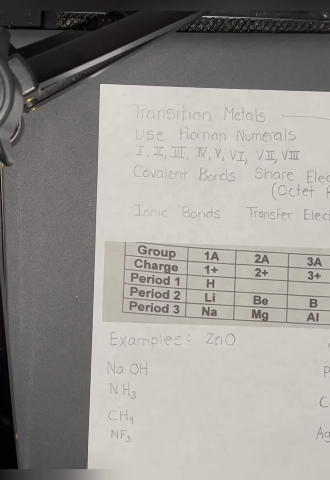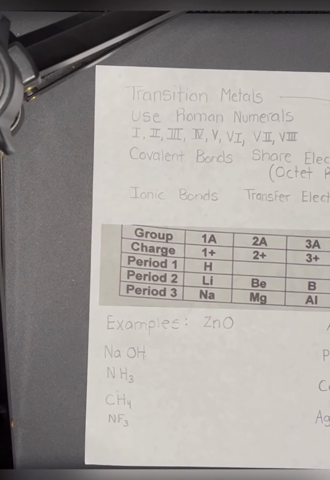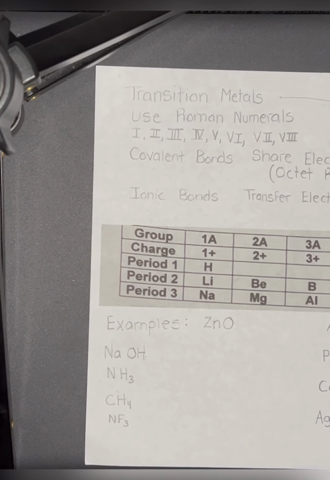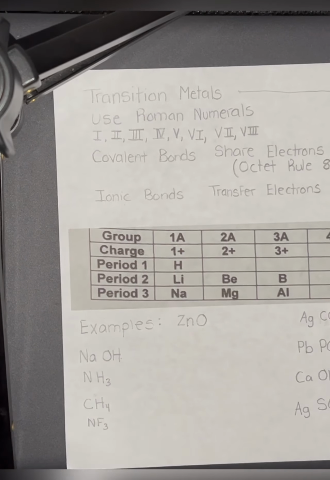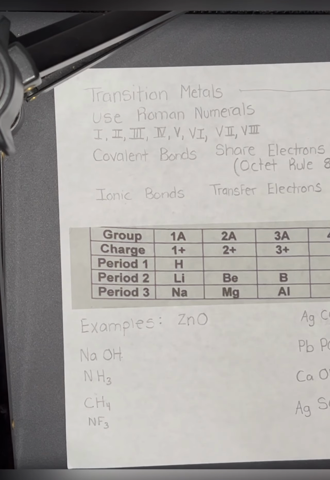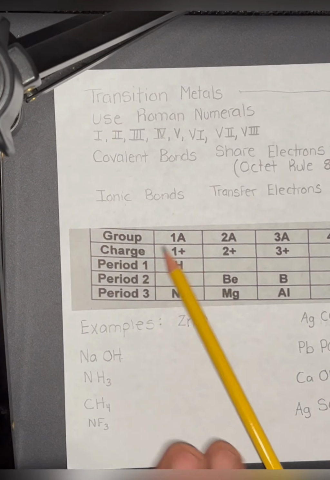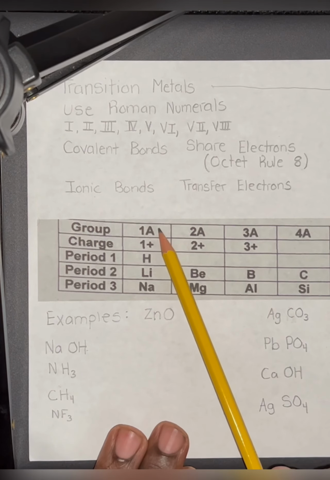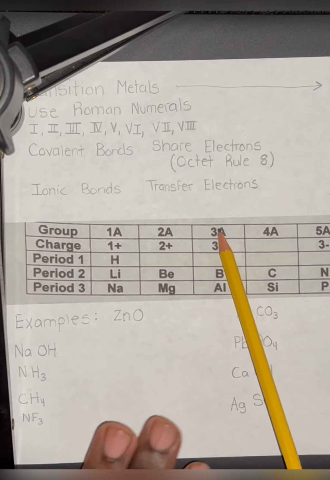In this video, I will be going over how to write chemical formulas based off the charges that the elements have. If you look at the periodic table, I don't have the entire periodic table in front of me, but the main thing you need to worry about is the groups. Starting with hydrogen, you have group 1A, 2A, 3A.